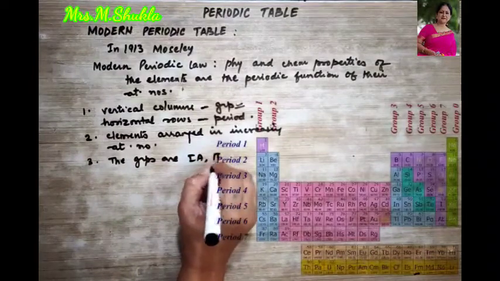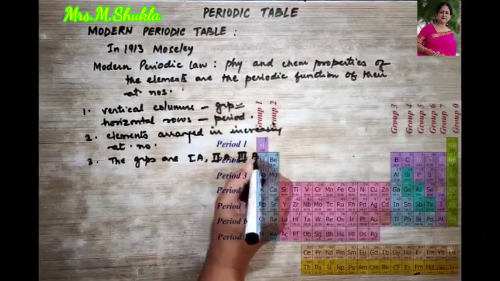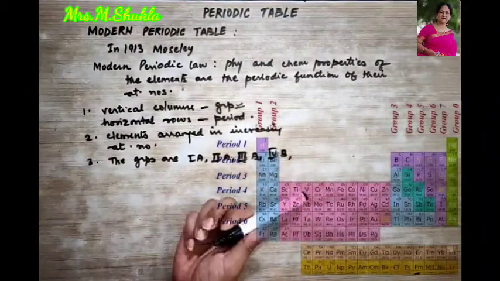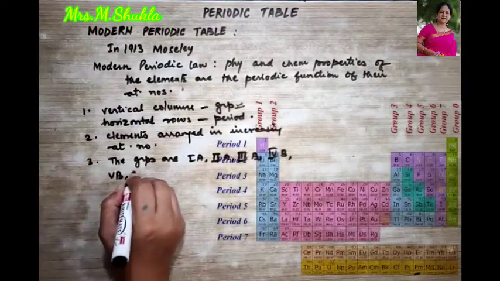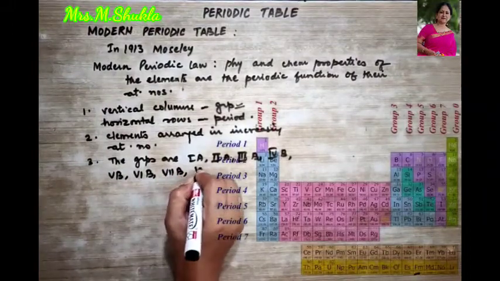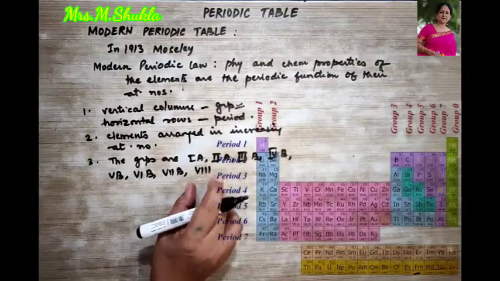1A, 2A, then 3B, then 4B. Check the periodic table that is shown over here. Then 5B, 6B, 7B, and the eighth one has no A or B, okay? Eighth is a complete group.